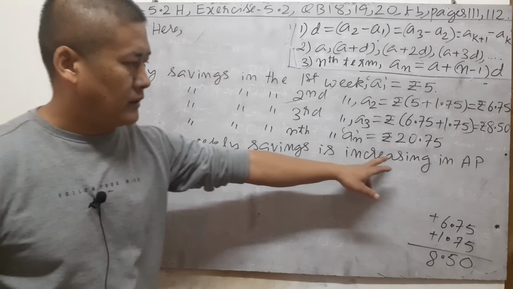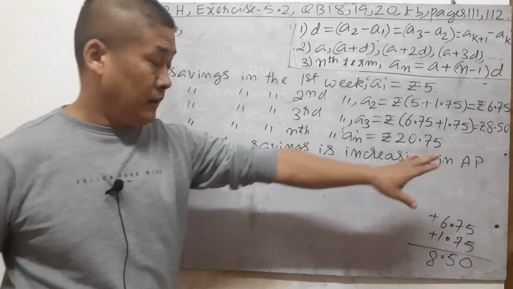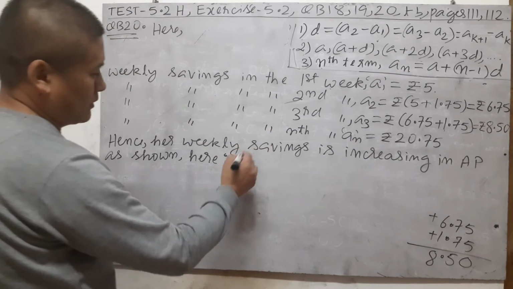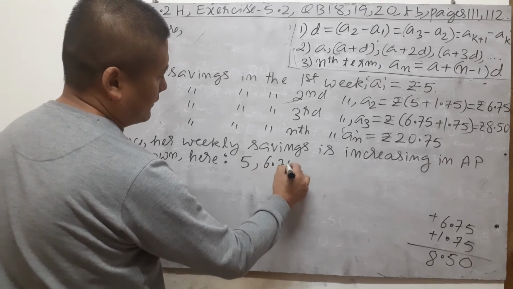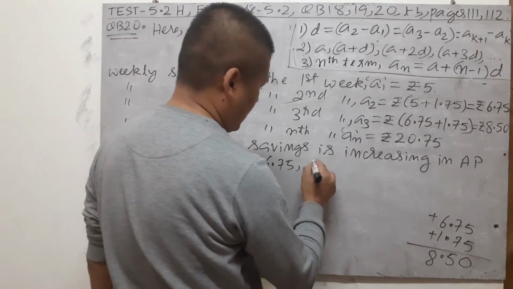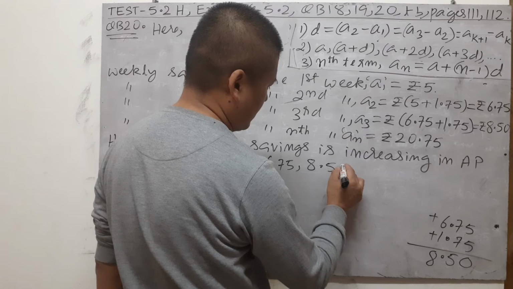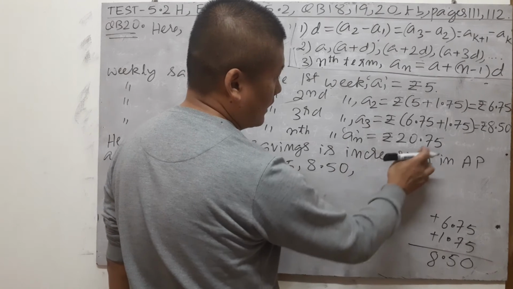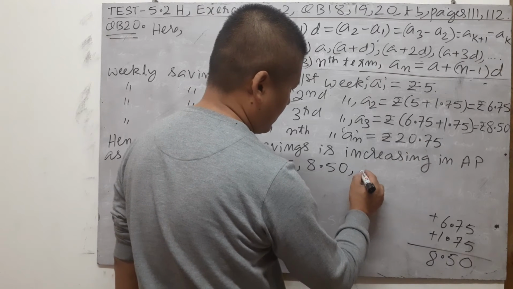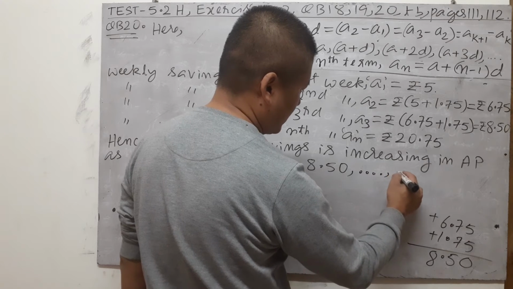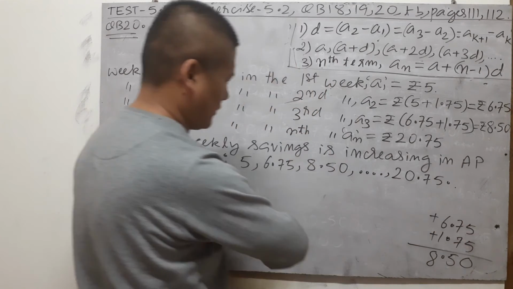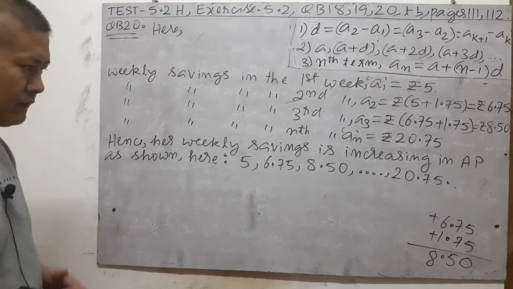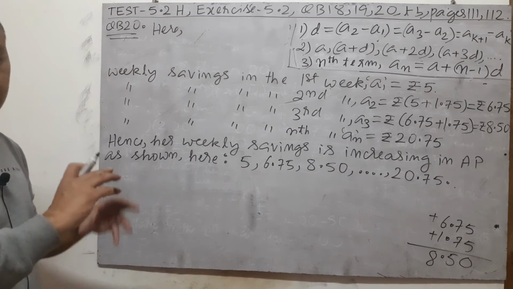That's why we are saying it is increasing in AP. So the first one is 5, 6.75, then 8.50, and then dot dot dot in between we don't know, and the last one in the nth week is 20.75. So this series is an AP. Her weekly savings are increasing in the pattern of an AP.